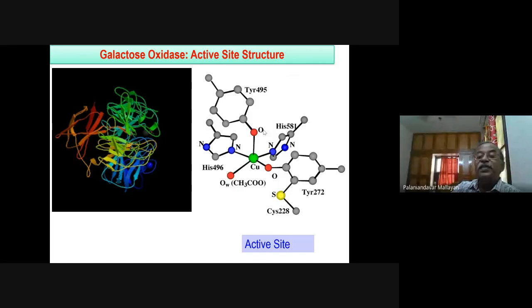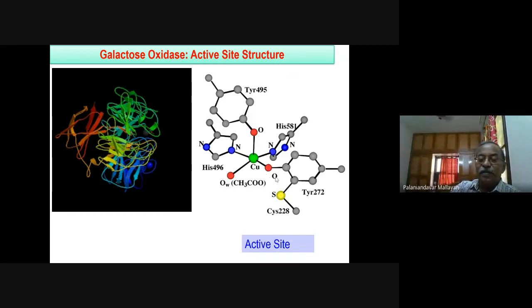But the enzyme matrix, the organic matrix, compels the phenolate to coordinate in the axial direction. More or less, the active site is pre-organized, right? So phenolate, though it's a strong field ligand, occupies the weak Jahn-Teller axial direction.